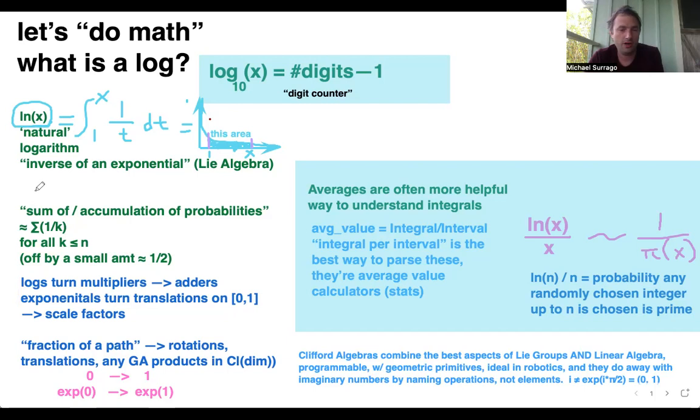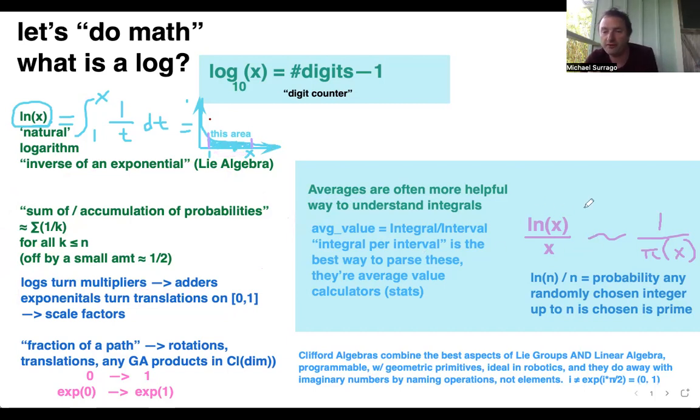I also like to think of it as an accumulation of probabilities, and that's going to motivate this next understanding of the logarithm, which is that it's often good to try to understand the meaning of an integral in terms of an average. So don't think of just this integral or this area, but take that area and divide it by the length of x.